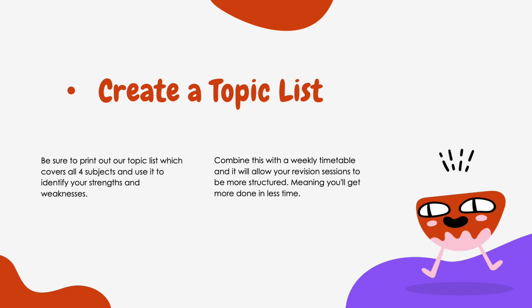So with the topics and subtopics that you are really comfortable with, you know that if it comes up in the exam, you are 100% certain that you will get the answer correct. You need to use a green highlighter and highlight that one. And with the topics that you're fairly confident with, you're pretty happy, but you know that you still need some work going over those, you need to highlight that in orange.